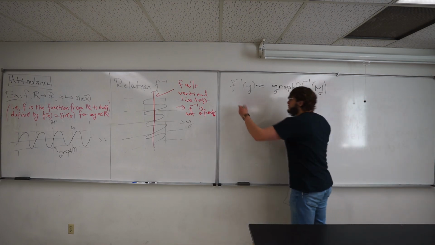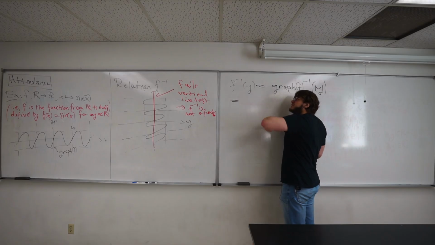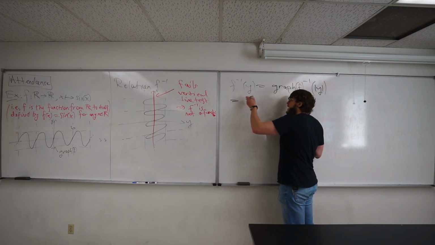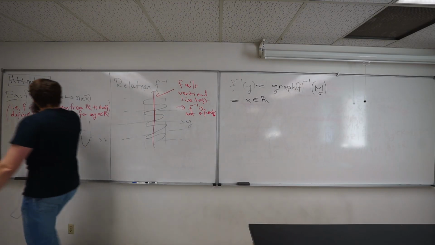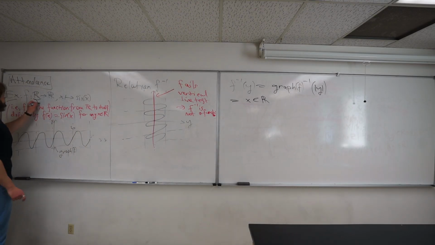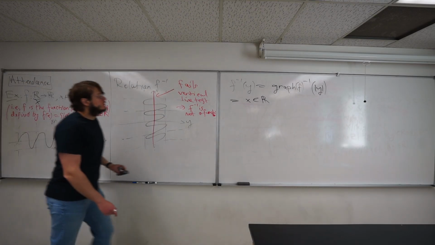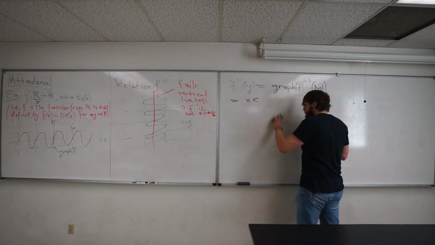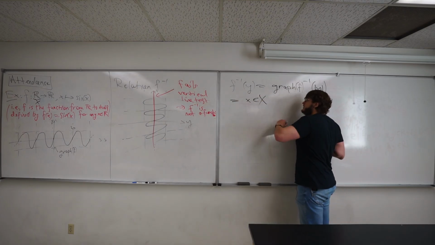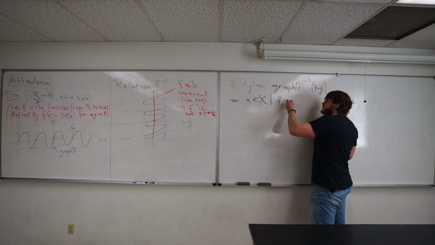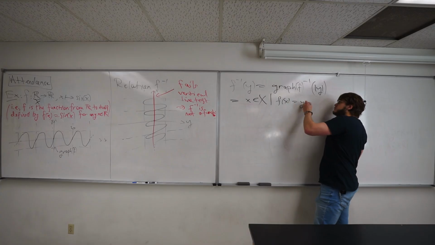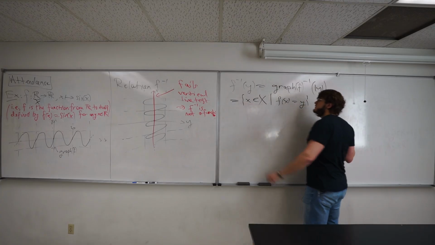Opening this up, this really means the level set: x in R in this case, so the input space. Maybe I should just use capital X here to not confuse. Capital X, such that f of x equals y. It's a level set.